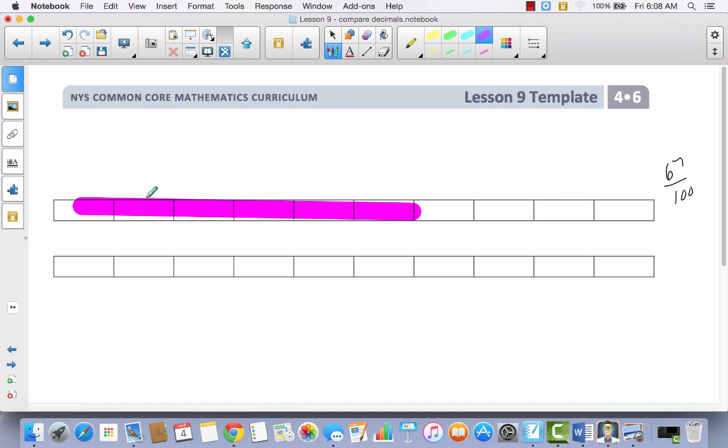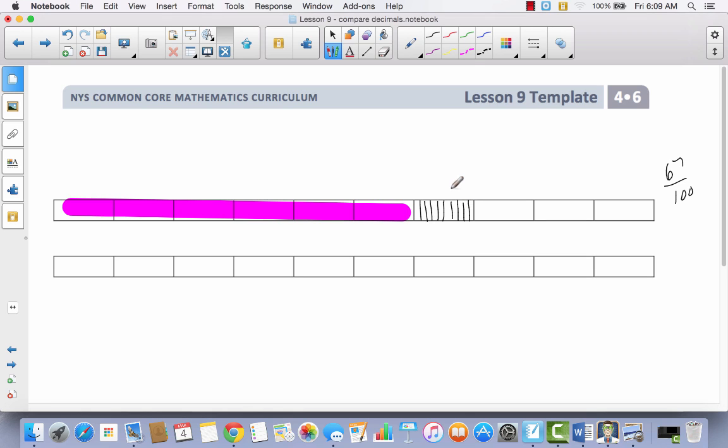Now, in order to be able to shade the 7 at the end, we're going to have to divide this last box into 10 parts. All right, so let's go ahead and do this. Now, they're going to be small, so you're going to want to be very careful. So this will be 1, 2, 3, 4. 4 lines makes 5 boxes, and then 4 lines on this side. 1, 2, 3, 4.